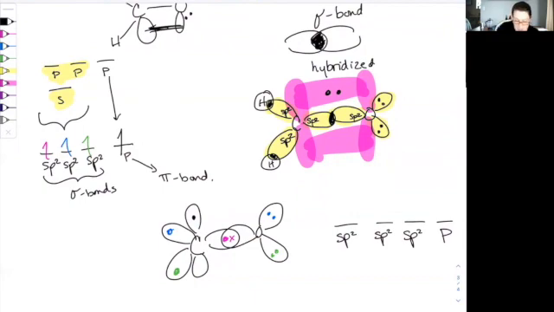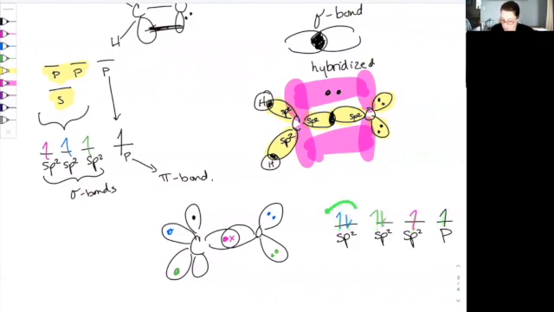Oxygen has 6 valence electrons. You don't fill them in this order, but I'm doing it this way because of colors, just to make it easier. So if we were to fill this, we would do 1, 2, 3, 4, 5, 6.